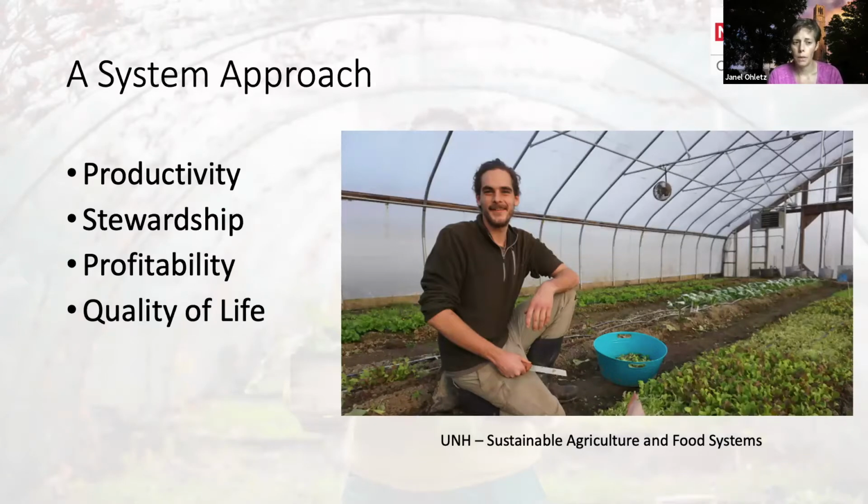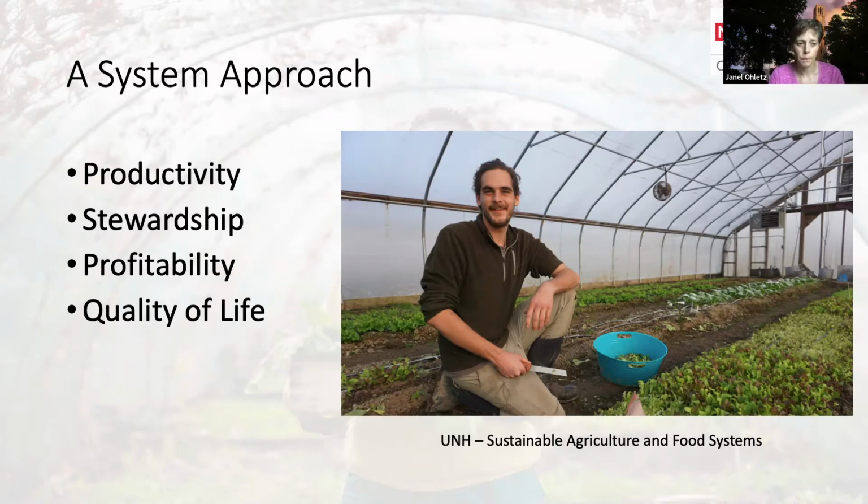Your stewardship of the land for that soil health, as well as water and air health. Profitability, because you need to make a livable wage as a farmer. And your quality of life. If you become profitable, but you're working 20 hours a day, that may not necessarily be sustainable over the long term.